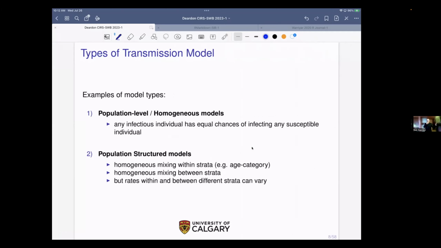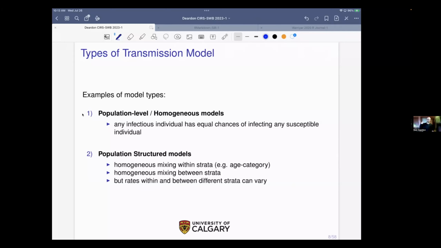Okay, so these mechanistic transmission models I'm talking about, there are a whole suite of them. Broadly, I think you can divide them into sort of 4 different parts, right? And different people would do this in different ways, probably. But my first one here that I'm going to talk about a lot today are these population level models. Sometimes they might be referred to as homogeneous models. And there's an underlying assumption in there that is essentially everybody's the same.